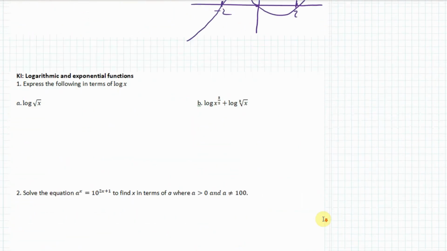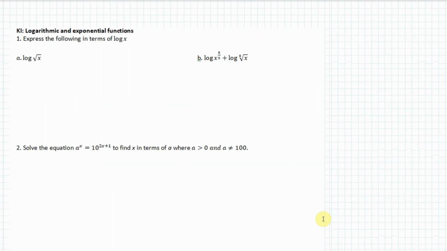Perfect. Moving on to the second section, which is logarithmic and exponential functions. We've got to express the following in terms of log x. Another way of writing log square root x is log x to the power of 1/2, and therefore 1/2 log x is what we're looking for there.